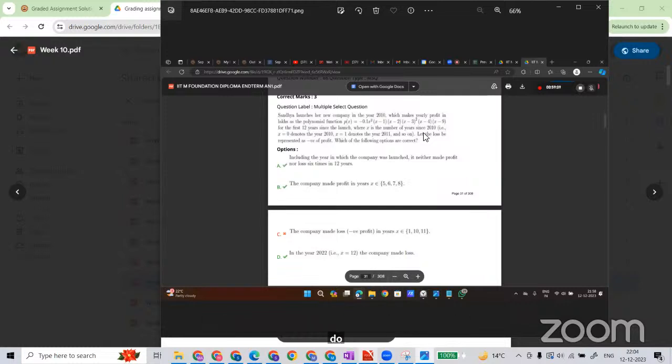At 11 it will also be a loss. But at 1, it's neither profit nor loss. So that's why it is option D, where x is equal to 12. If you substitute 12, all are positive, ahead one makes negative, then it is going to be loss.